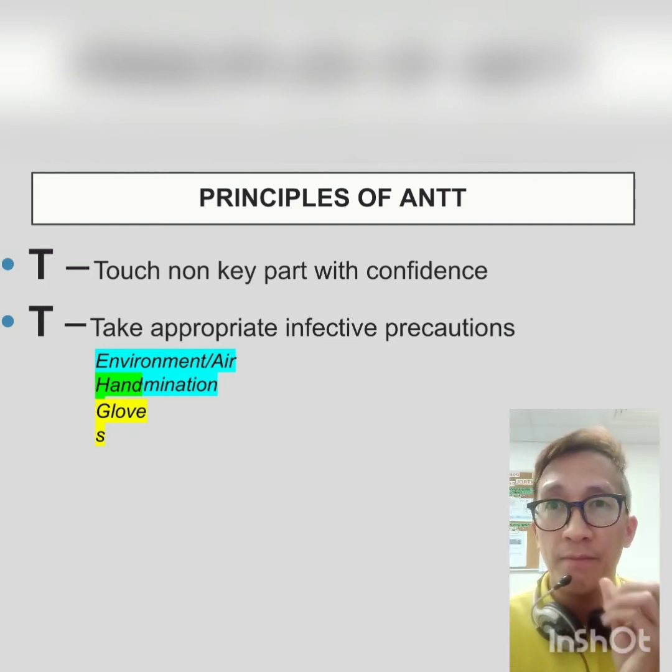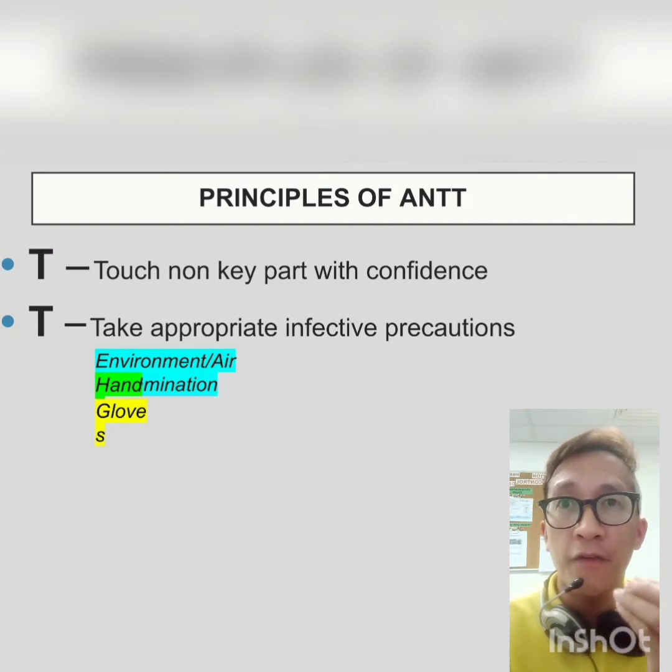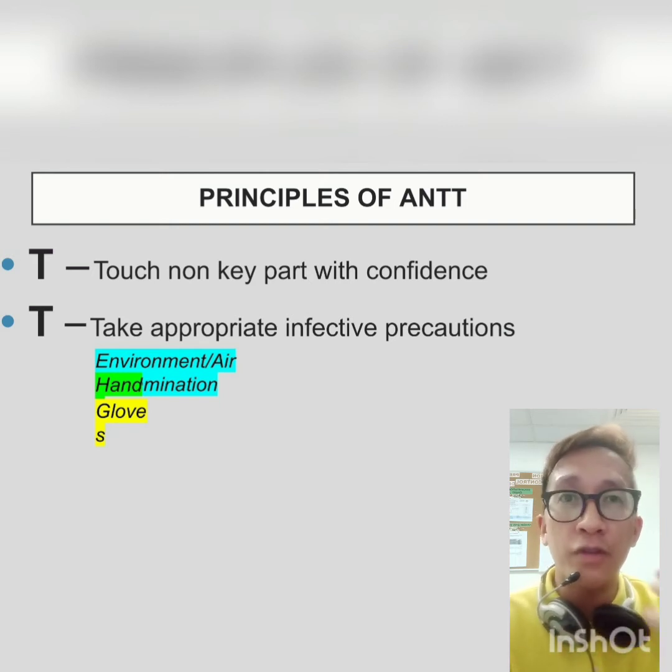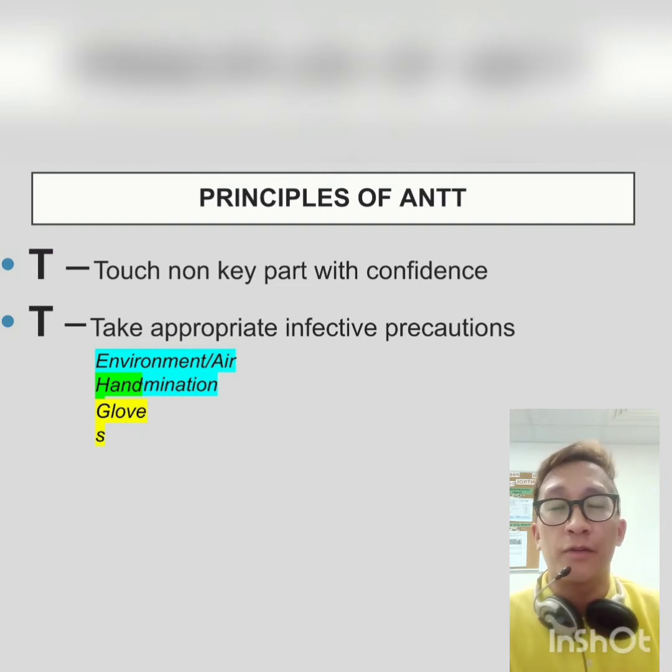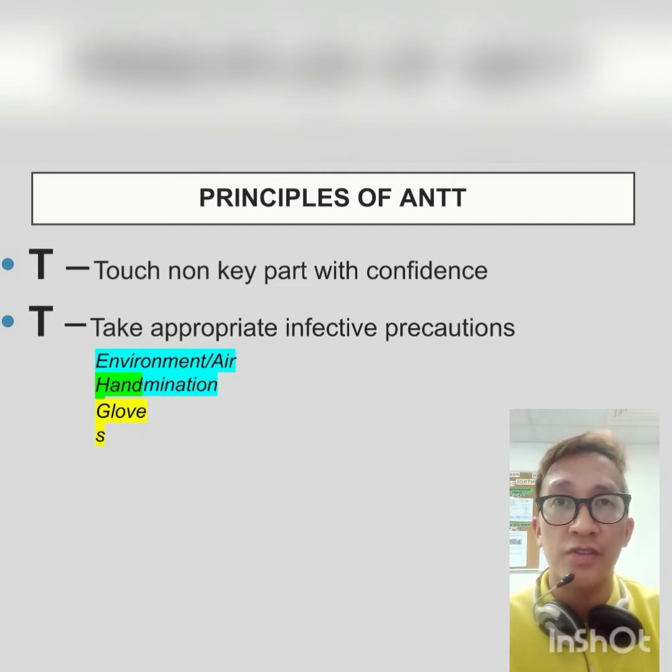It was recommended by the Centers for Disease Control in 1987 that gloves be worn for all procedures involving potential exposure to body fluids, and this was termed the universal precaution or standard precaution.